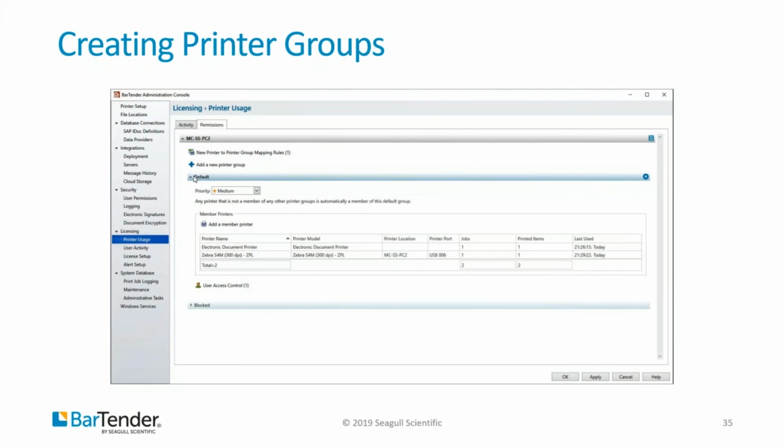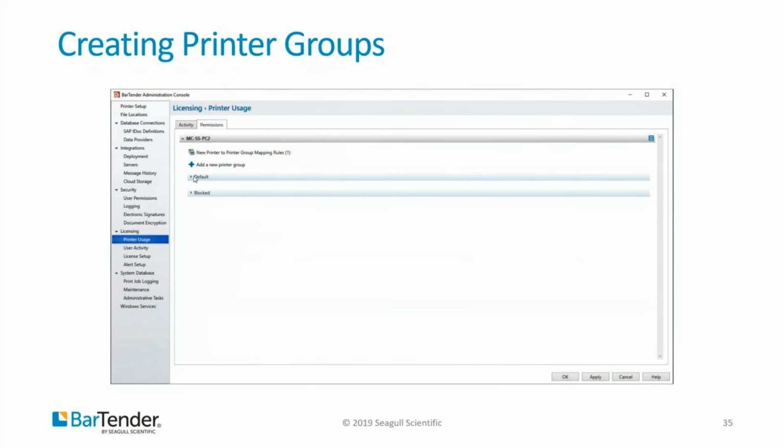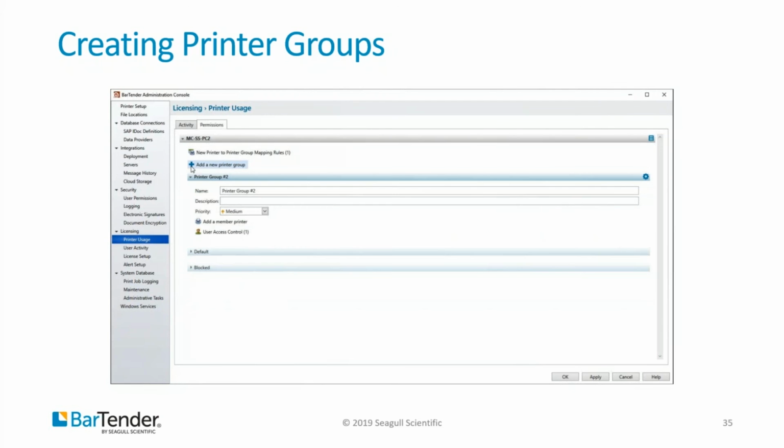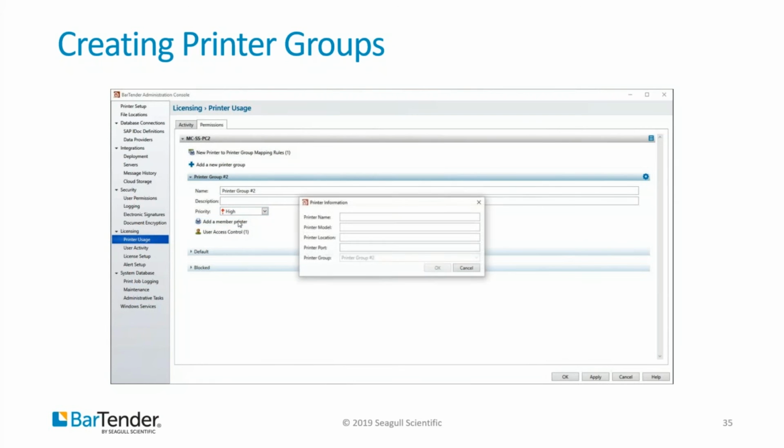Now, if I want to add a new group, what I'll do is click Add a New Group. I can give it the name and description that I want. I can set the priority that I need for this group. And then from there, I can just start adding member printers. So type in exactly the printer that you need and all the relevant information. And once you type that information in, you can hit OK.